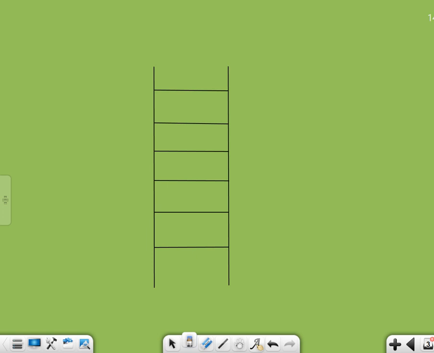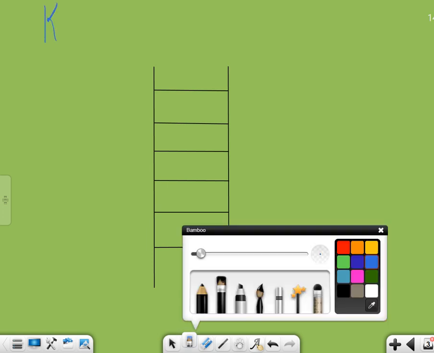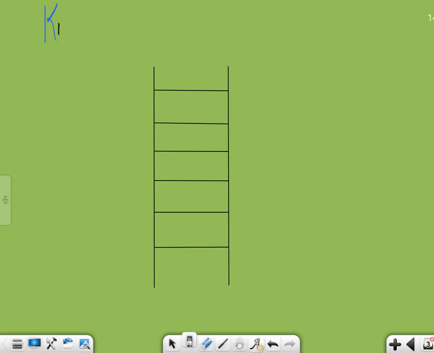Now in these spaces you're going to be using an acronym, and this is going to help you. I'll write it above here, and I'm going to go back and forth.